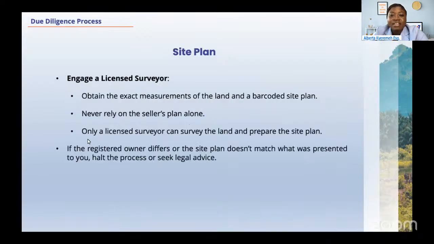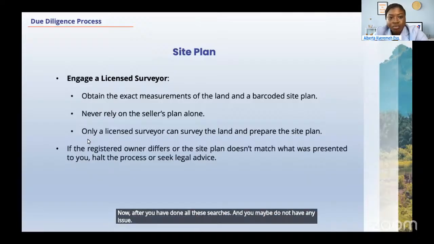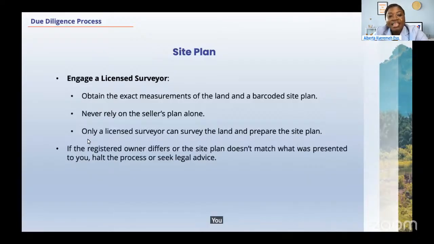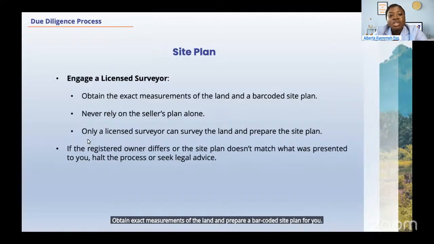Now, after you have done all these searches and you do not have any issue, you can now engage a licensed surveyor to go onto the land, obtain exact measurements of the land, and prepare a barcoded site plan for you. Please, it is important to note that you should not rely on the seller's site plan alone.